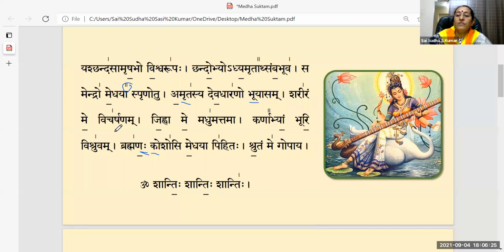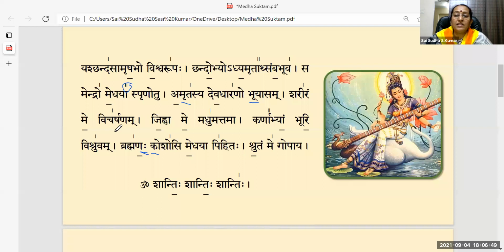So here we are praying to Medha Devi for the intellect. Intellect is buddhi, that is Medha, which represents a superior power, derived from the inner spirit. This is not ordinary intelligence.